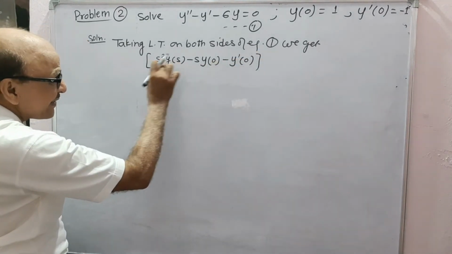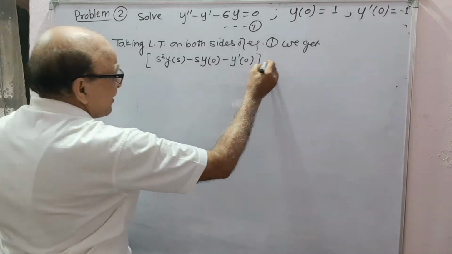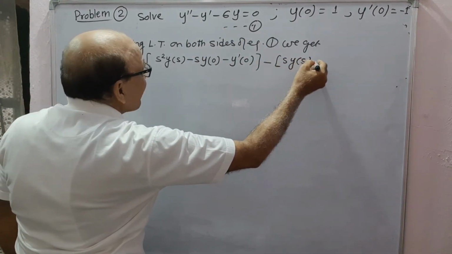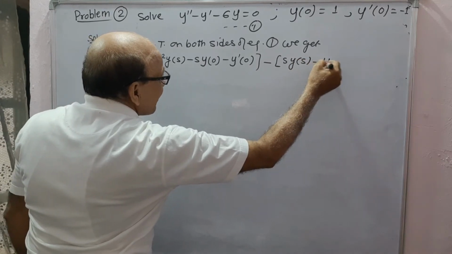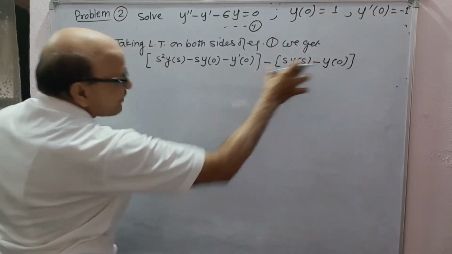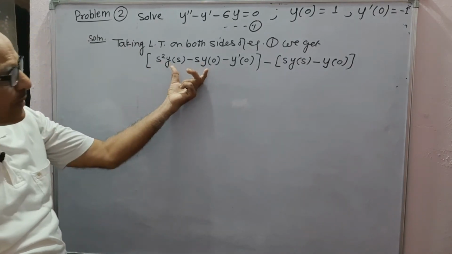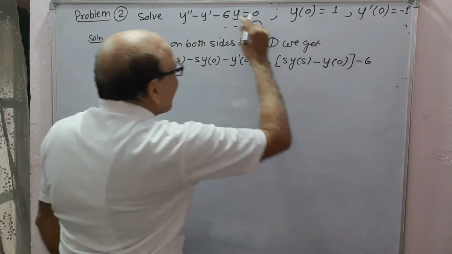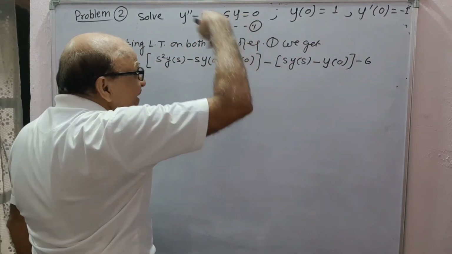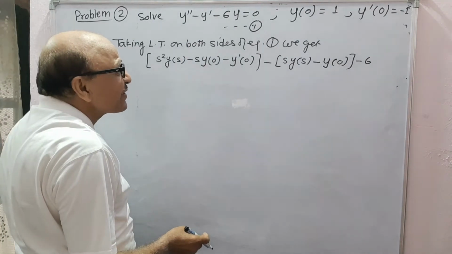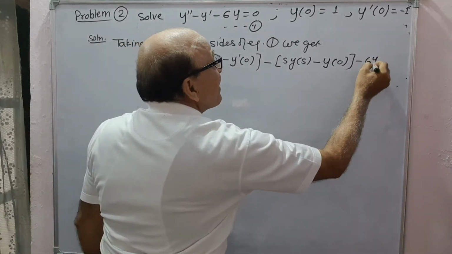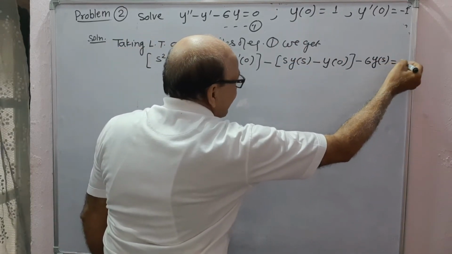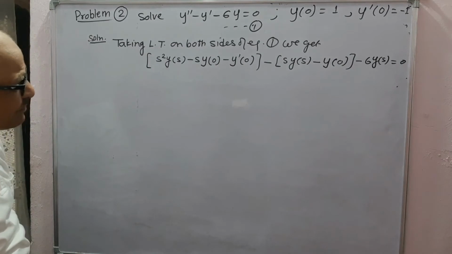This is the first derivative, minus s y s minus capital Y 0. Laplace transform of the first derivative, Laplace transform of the second derivative, and this is minus 6 times y, similar to fx. Its Laplace transform will be small y s, and Laplace transform of 0 is 0.